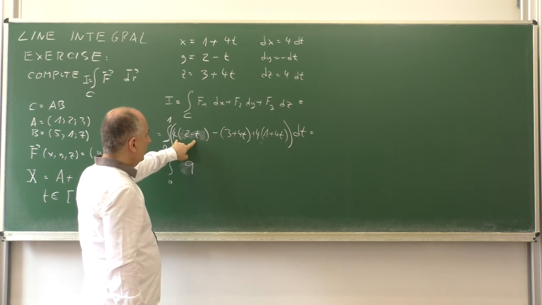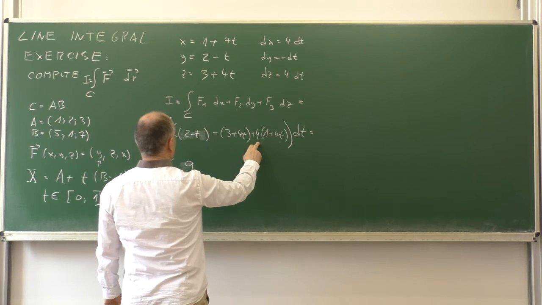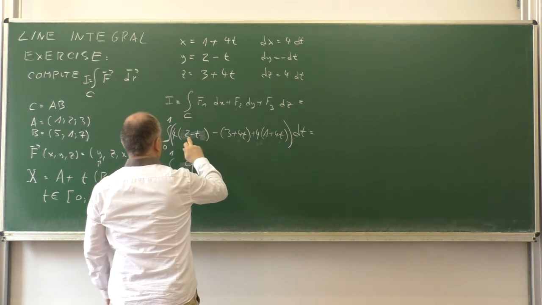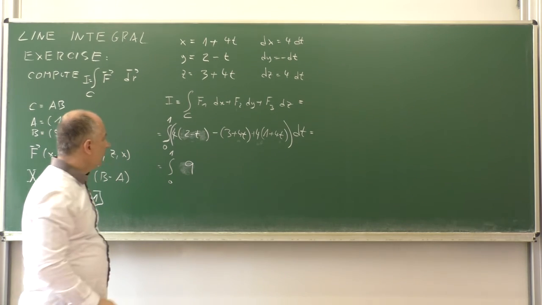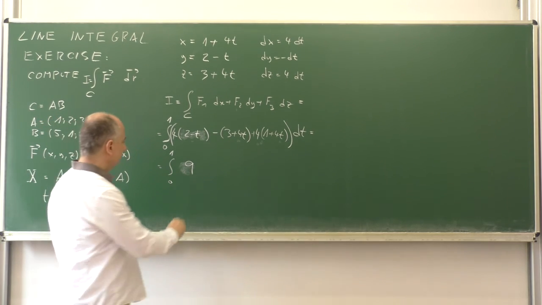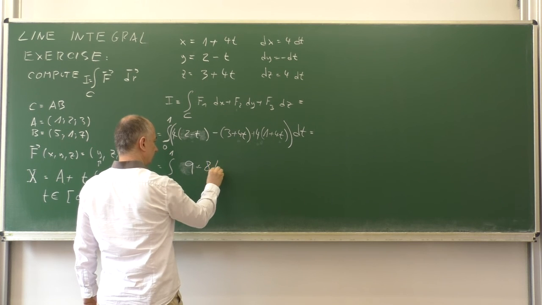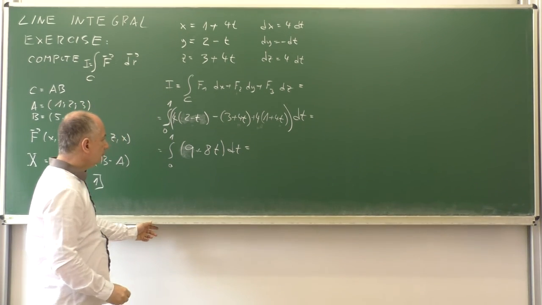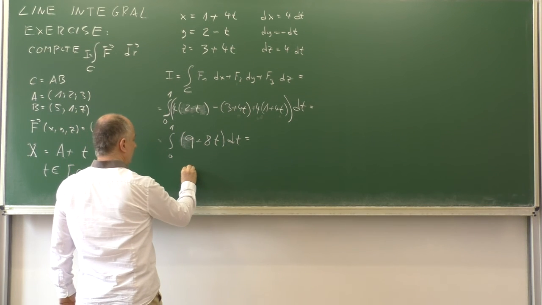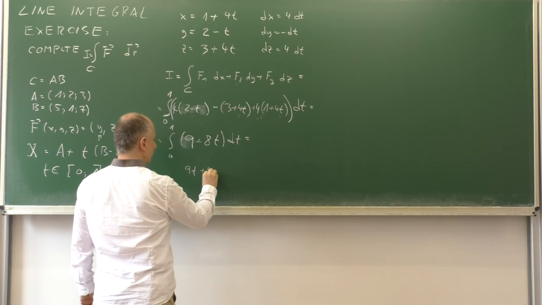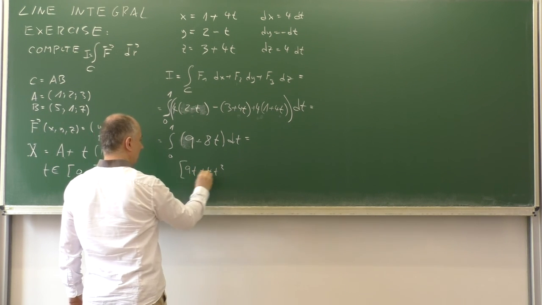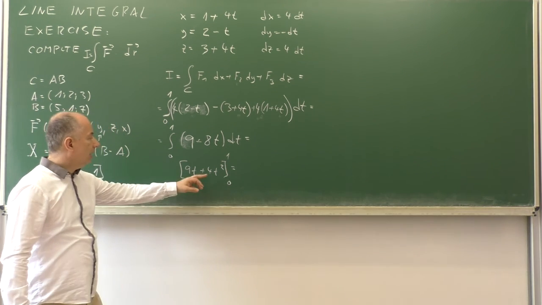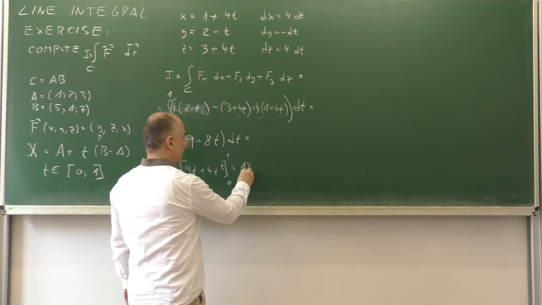And now we have 16t minus 4t is 8t. dt. The antiderivative is 9t plus 4t squared from 0 to 1, which is 9 plus 4, which is 13.